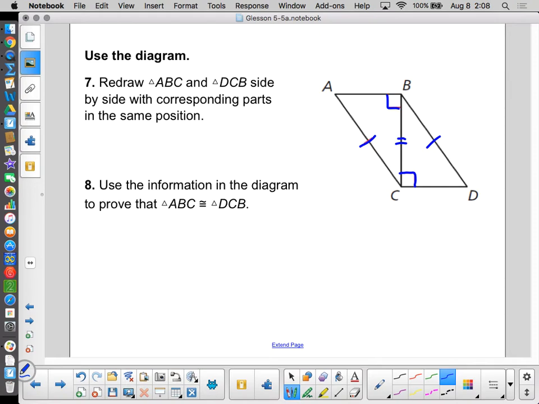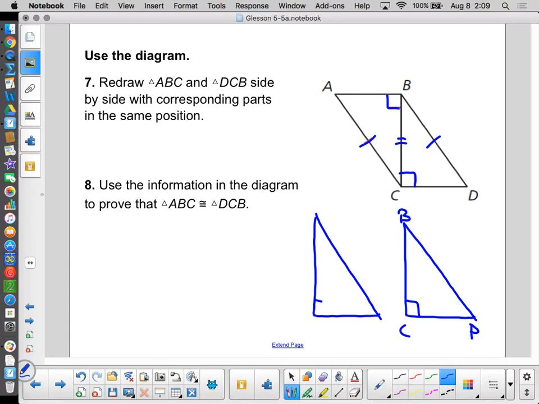The method that they're suggesting here is to redraw this picture. So both triangles are separated, but not just separated, but also oriented the same way. So that requires a technique that some people struggle with a bit, so I don't spend a lot of time on it, but it means pulling it out and like flipping it.